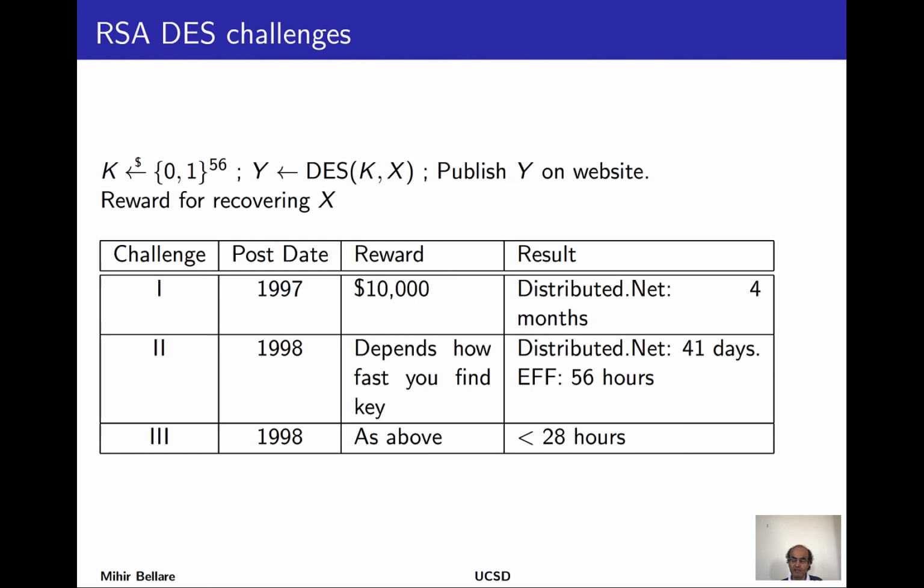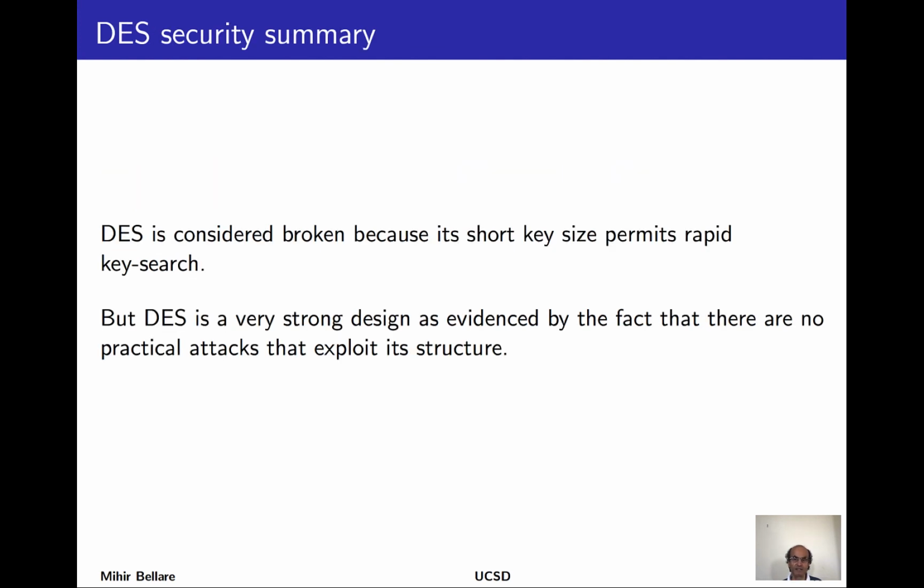The Electronic Frontier Foundation eventually built a machine. They didn't invest as much as Wiener did, maybe $250,000, and it took them 56 hours. And this time kept coming down. And so you see this very pragmatic demonstration of the insecurity of DES.